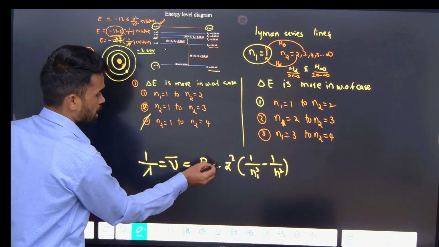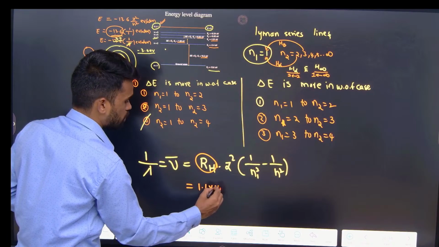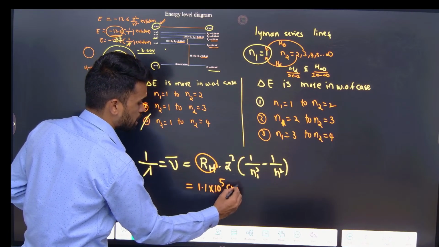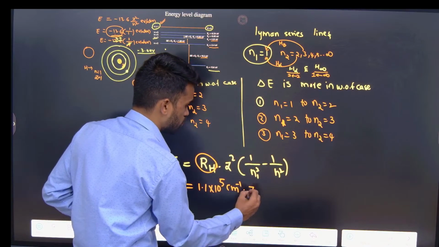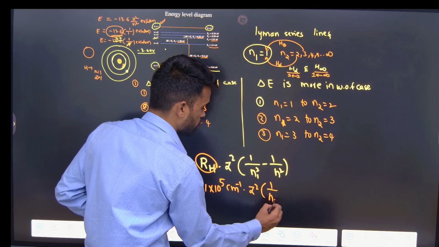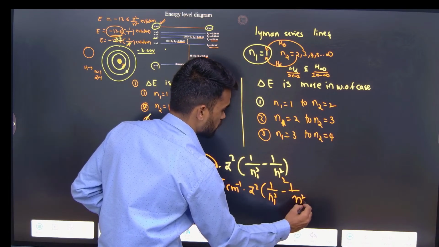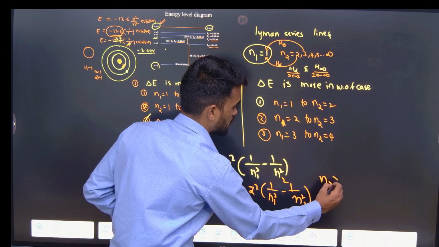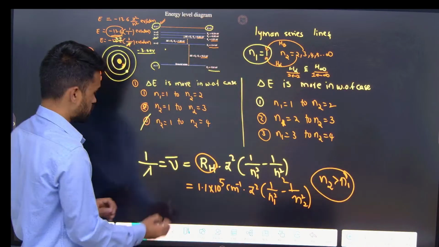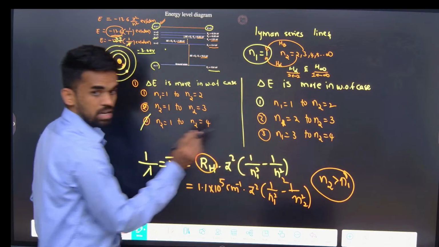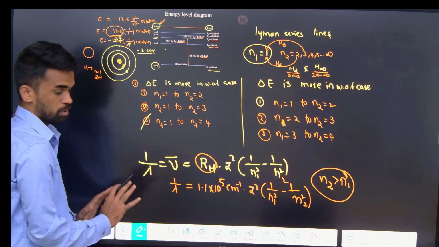Now the R_H value you can simply remember as 1.1 into 10 power 5 centimeter inverse. Z indicates atomic number. Always N2 should be greater than N1. Or you can remember it as N initial, N final. This is the equation to be remembered here.